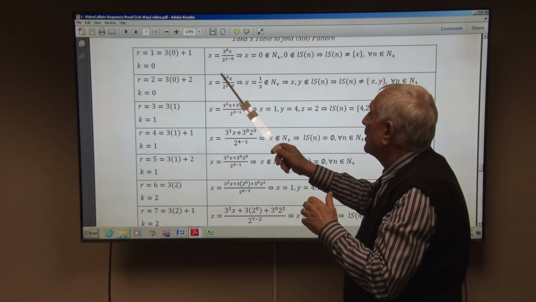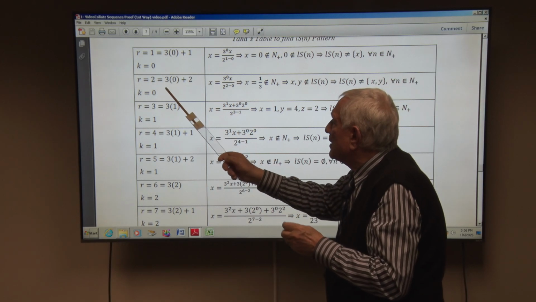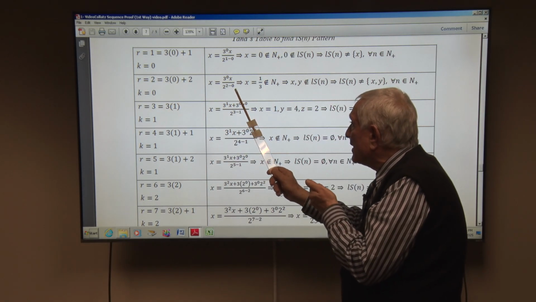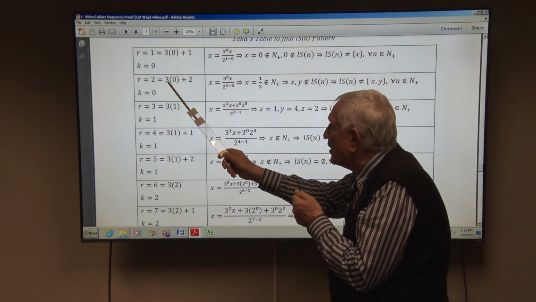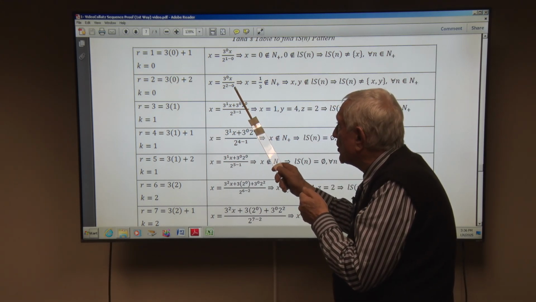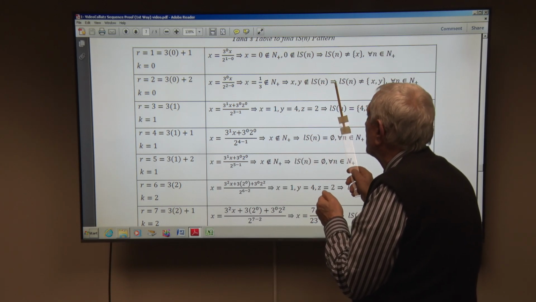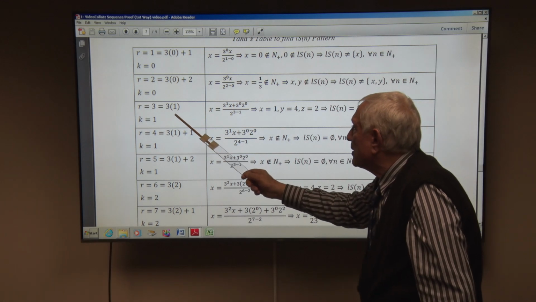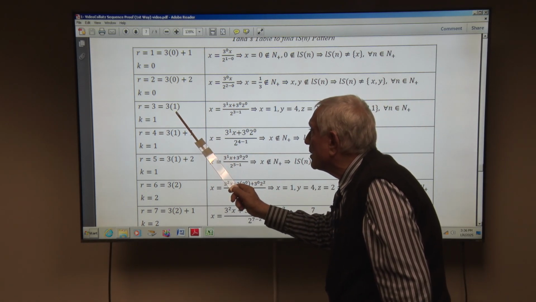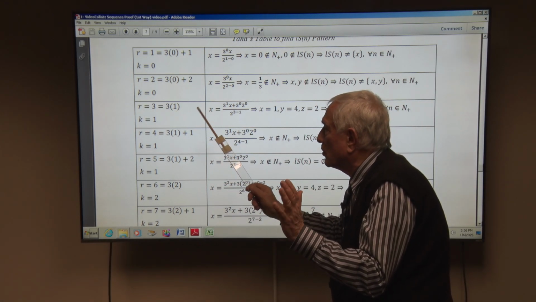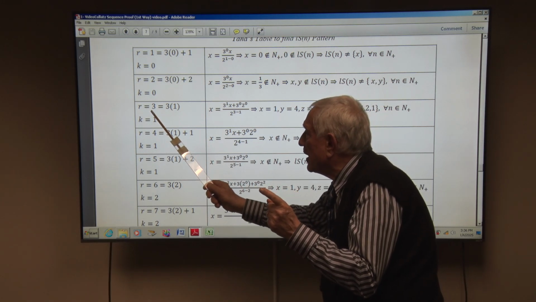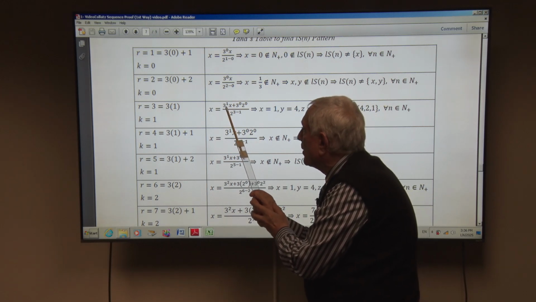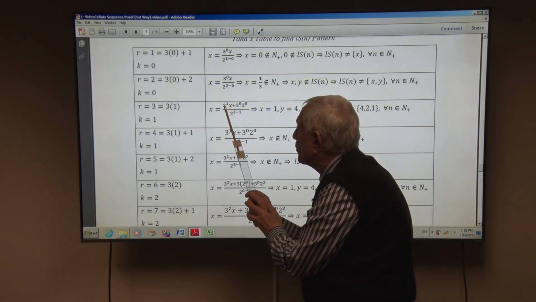To the exponent is the value of R, the value of R, and minus 3 times k. What is k? 0. Then I got third, no answer for here. Okay. With 3 times 1 is 3. No need to say plus 0, no need. R is 3 and k is 1. Come here. 3 always, let's start with 3.